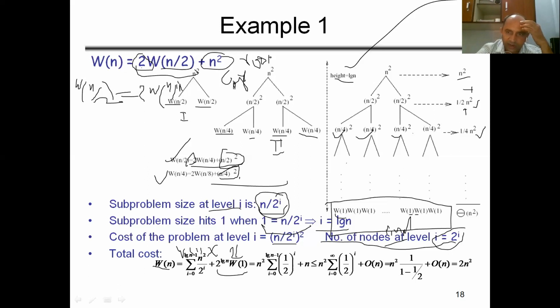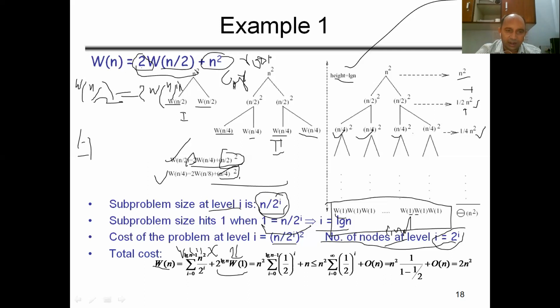When we sum n square plus 1 by 2 n square, 1 by 4 n square, I can write the relation like that: the summation for i equal to 0 to log n minus 1, because the second last level is i minus 1, and the value of i is log n.